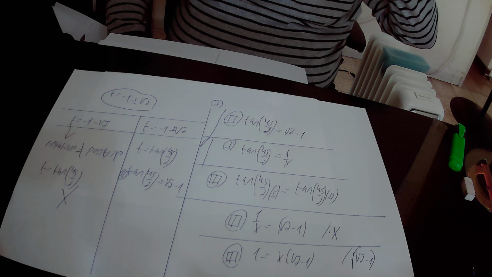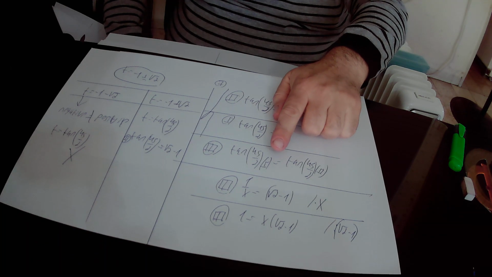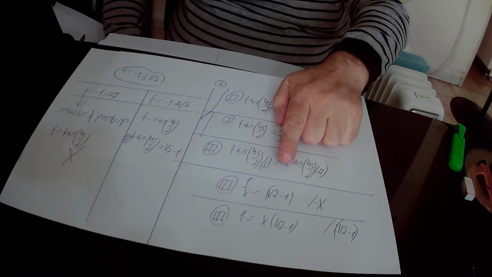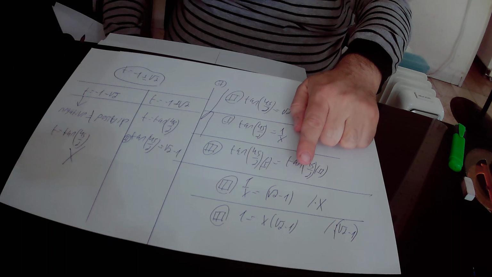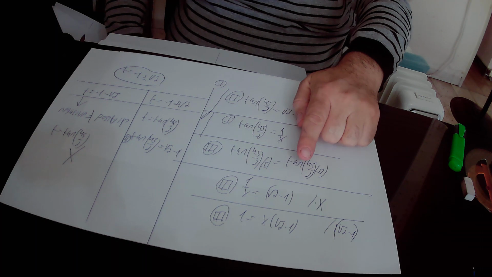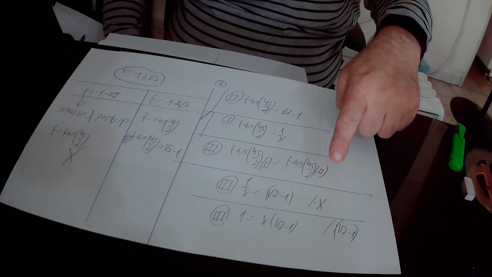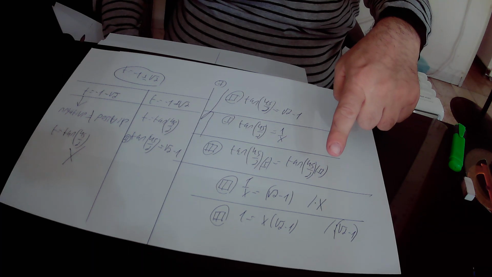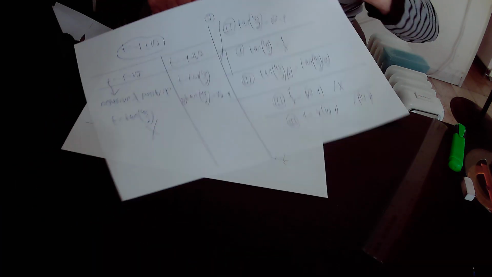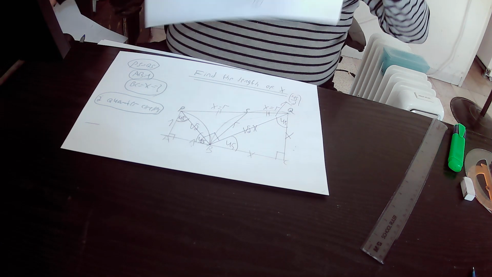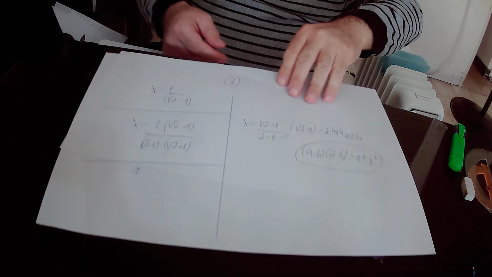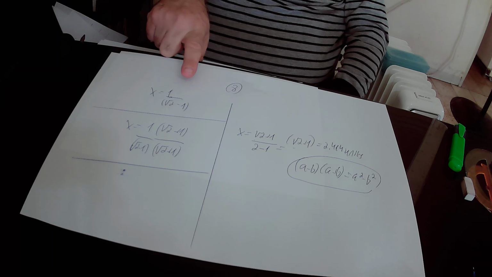So in conclusion, according to equation number 3, 1 over x equals the square root of 2 minus 1. Here we multiply this equation by x and find that 1 equals x times the square root of 2 minus 1. Here we divide equation number 3 by the square root of 2 minus 1, and finally find out that x equals 1 over the square root of 2 minus 1.